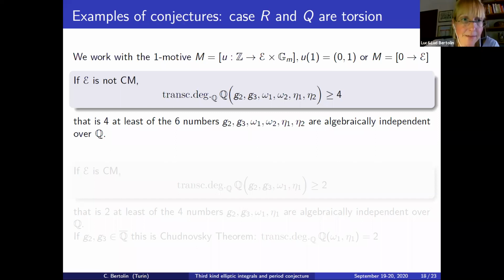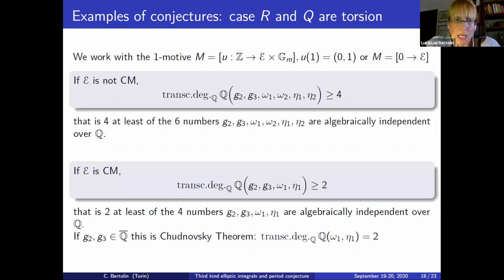So I have that if E is not CM, using the table that I showed in the last slide, at least 2 of the 6 numbers g2, g3, ω1, ω2, η1, η2 are algebraically independent over Q. If E is CM, at least 2 of the 4 numbers g2, g3, ω1, ω2 are algebraically independent over Q. If the elliptic curve is defined over Q bar, this means g2, g3 are algebraic.